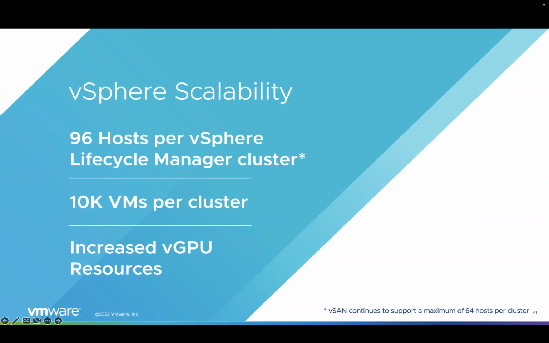So previously vLCM had a little bit of a limitation on the cluster size. It can now do the full 96 host cluster size, with vSAN clusters still at their maximum of 64 hosts. We're upping the number of virtual machines per cluster to 10,000, and we're increasing the number of vGPU resources that we support in a virtual machine.